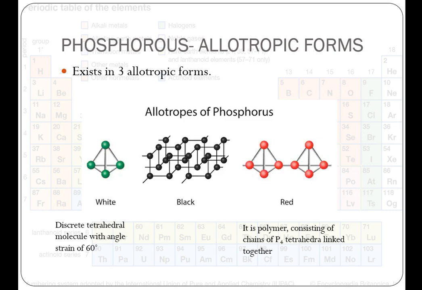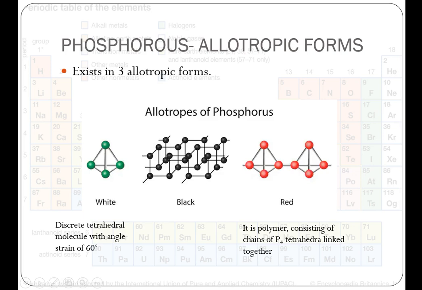Next, let us come to phosphorus. First, we will talk about its allotropic forms. Phosphorus is found in many allotropic forms, but 3 forms are most important: white, red, and black. Structure of white phosphorus is tetrahedral.